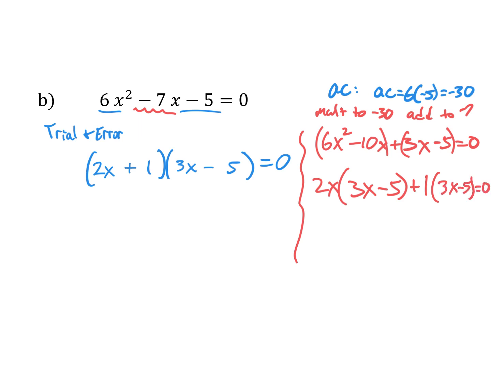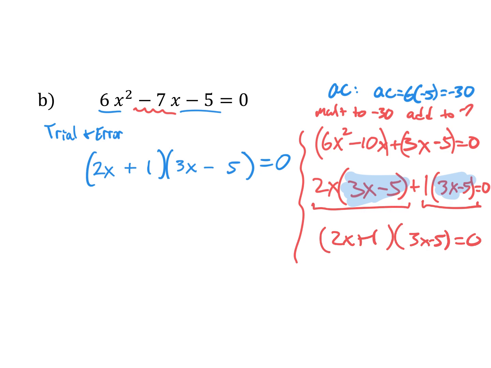Notice we've got a common factor: there's a 3x minus 5 in that first part and a 3x minus 5 in that second part. So we pull out the 3x minus 5, and we're left with 2x plus 1.